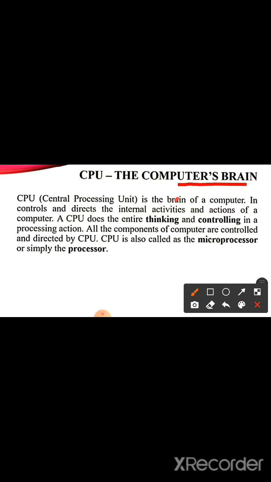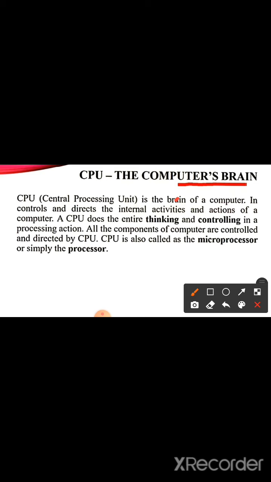It will take all the decisions. It will manage all the processing.